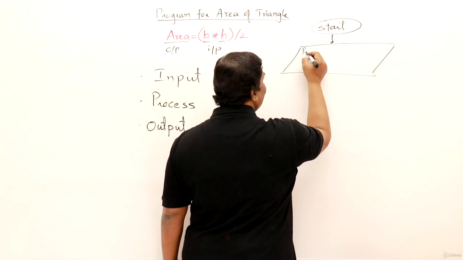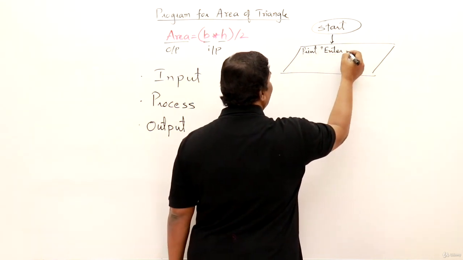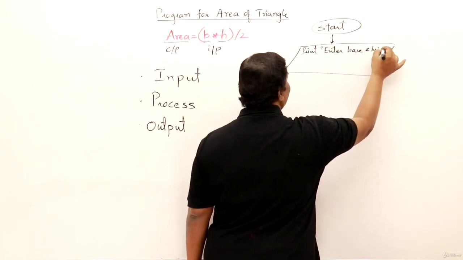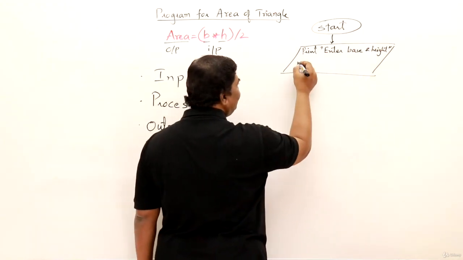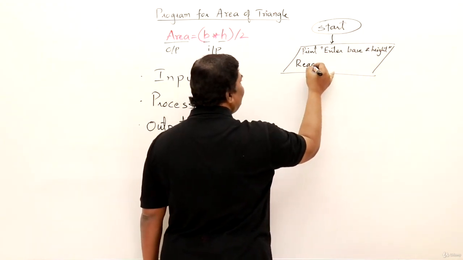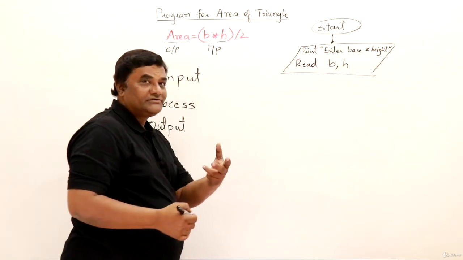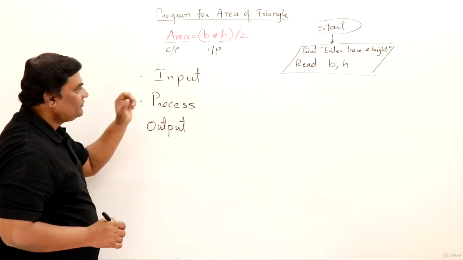Here I will write a print message, enter base and height. It is just like I am asking you to please give me base and height. Then when you give me, I will take them in variables, B and H. Whatever two values you give, I will read them. So this is input. Input is over.